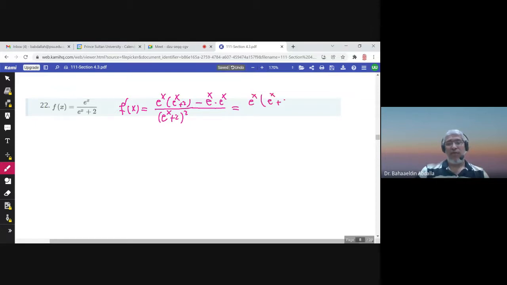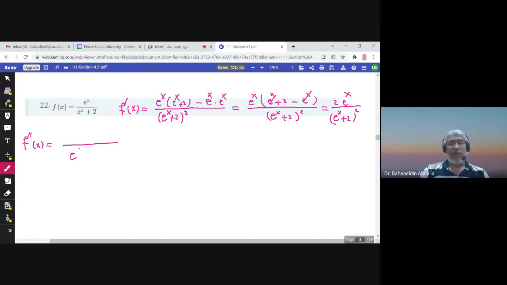So I'll have e^x plus 2 minus e^x. Notice that e^x cancels with negative e^x, and the first derivative would be 2e^x over (e^x plus 2) to the power 2. Of course, you have to simplify f prime before you try to find f double prime.